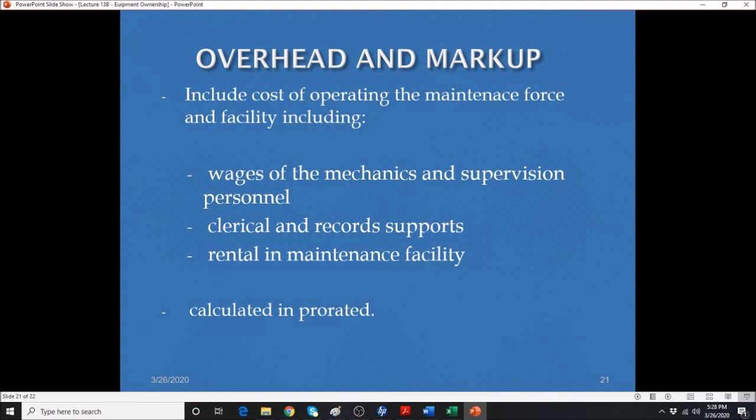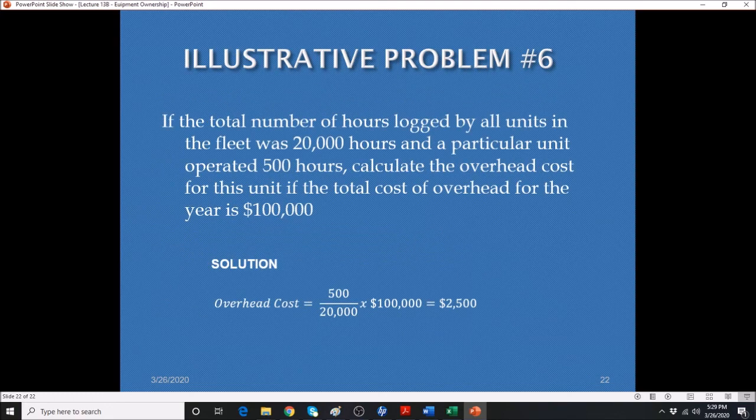Those office overheads are the wages of mechanics, clerical workers, accountants, the vice president, renting of the office, and the utilities back in the office as well. So those are the office overhead costs.